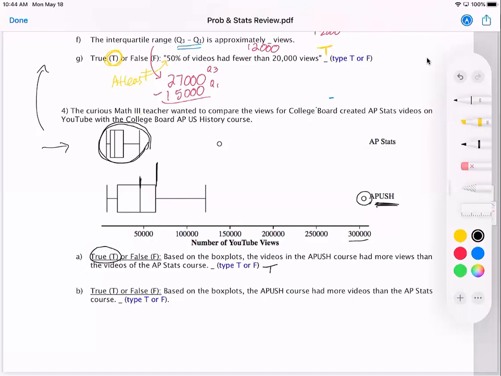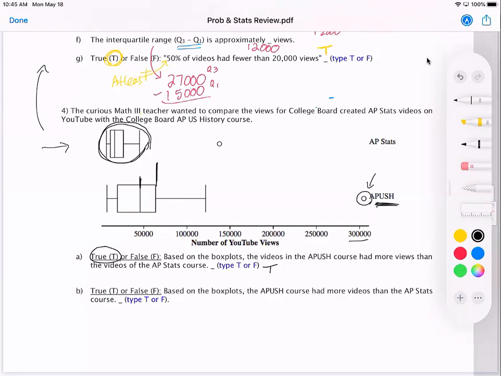The APUSH course videos had a lot more views than the AP Stats course. Now, this might be a little unfair because the writer of Hamilton was on the APUSH, so it's a little unfair to compare. I think like 500,000 students take the APUSH exam, whereas AP Stats is 200,000. But regardless, the APUSH course had more views for letter A.